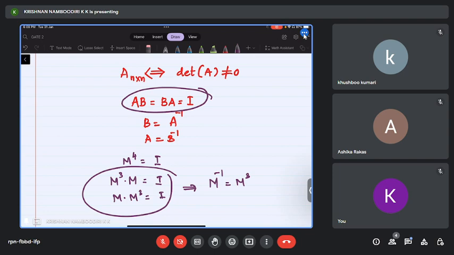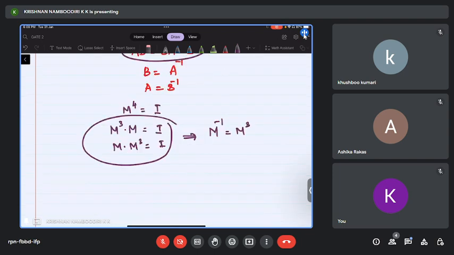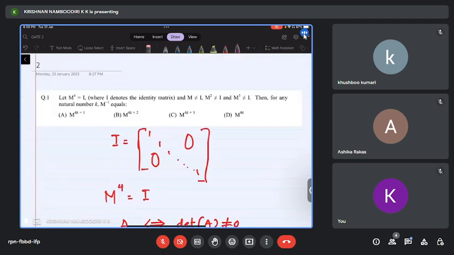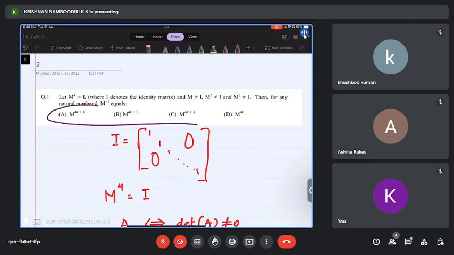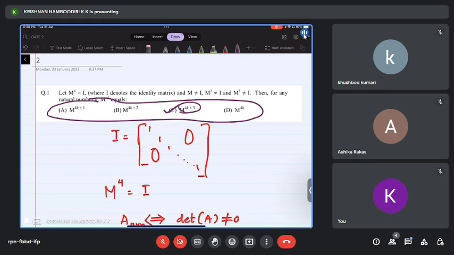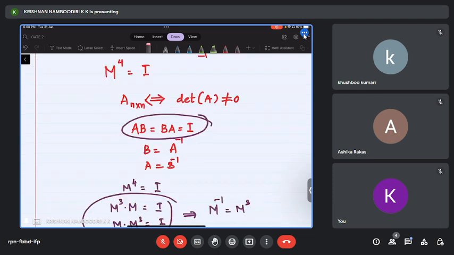Okay, that is very straightforward. Now coming into the options: m power 4k plus 1, 4k plus 2, 4k plus 3, and 4k. So you can readily see that the answer is C, but I will make you convinced that for any k, m power 4k plus 3 is an inverse of the matrix M.